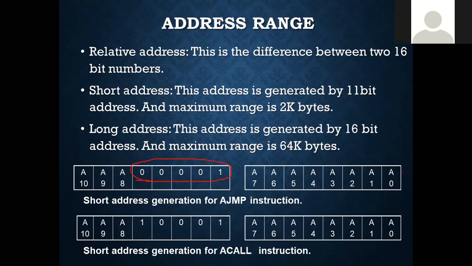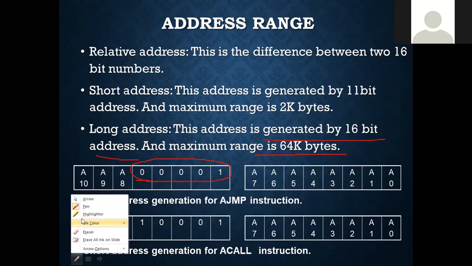Okay, that is 1k into 64, that is 64 kilobytes. Clear? So the long address will count 64 kilobytes, because this is generated by the 16-bit address. Okay, any questions?